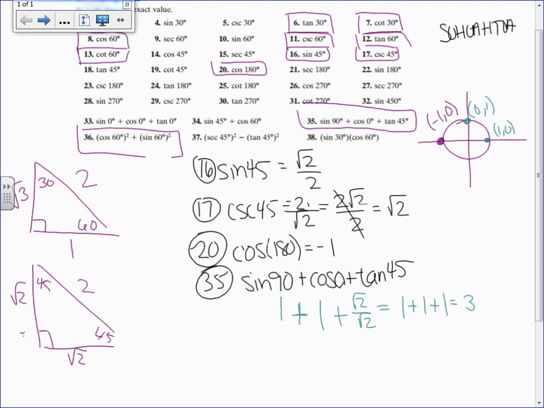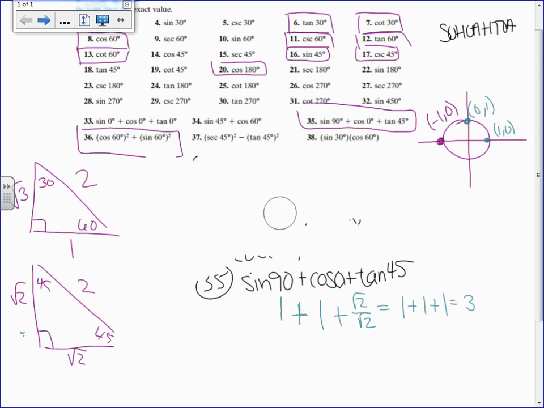And then last but certainly not least, number 36. I'll erase these for room. 36 has the cosine of 60 squared plus the sine of 60 squared. If I look at my special right triangles, the cosine of 60, A over H, is going to give me 1/2.